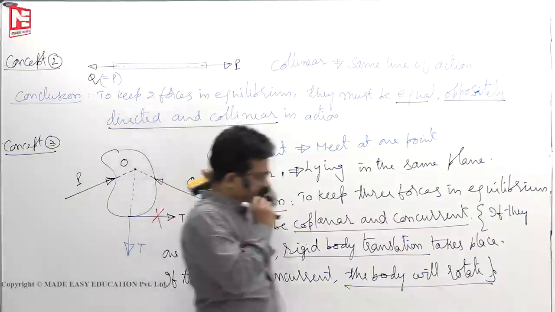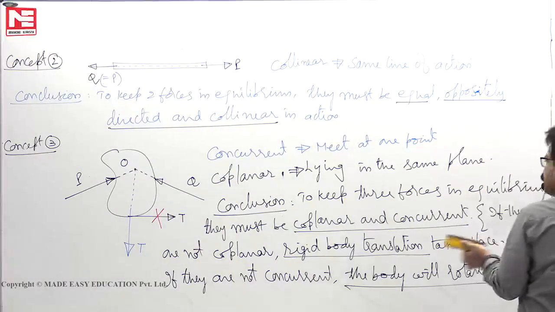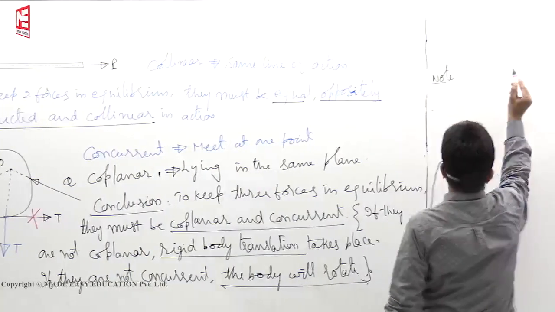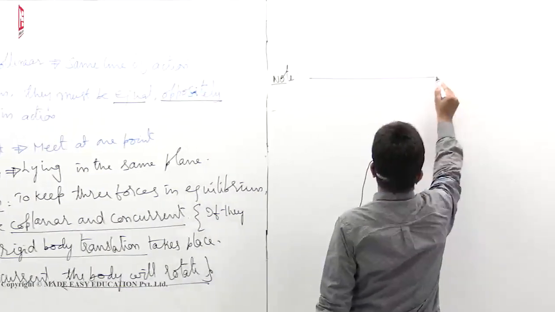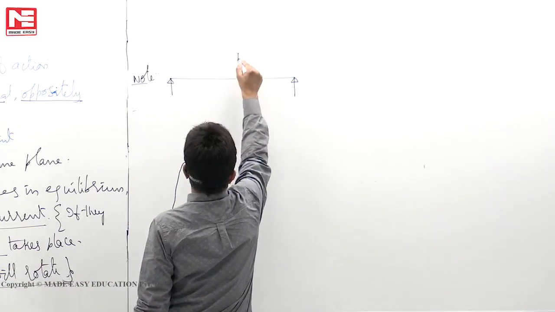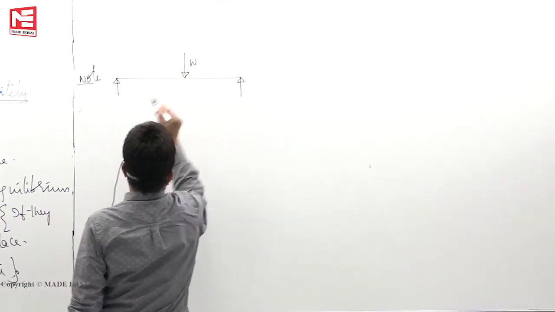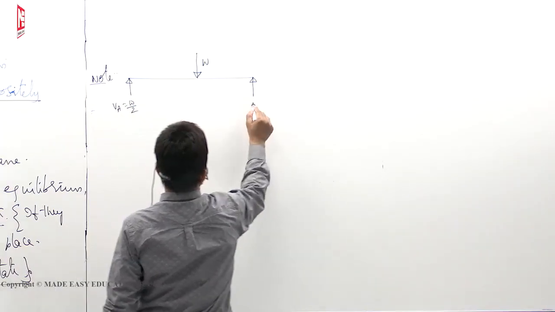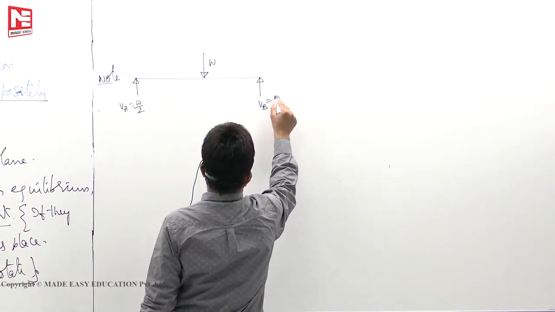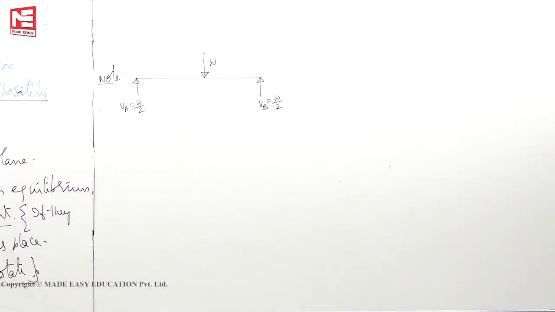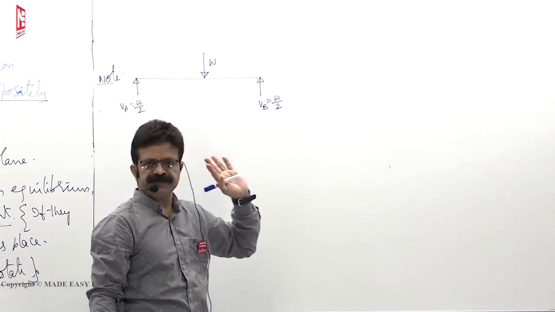Now, after studying this one, supposing that you get a doubt, say, in strength of materials, you have studied a beam subjected to central load. The two reactions are like this. Now, on the body, three forces are acting: W, W by 2, W by 2.